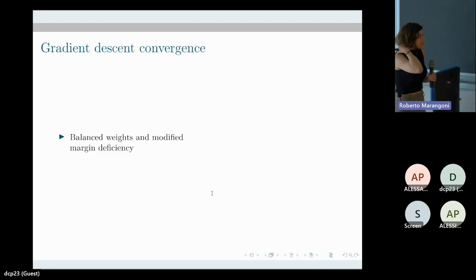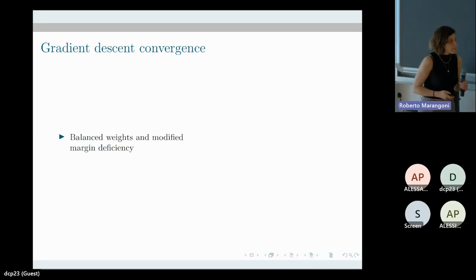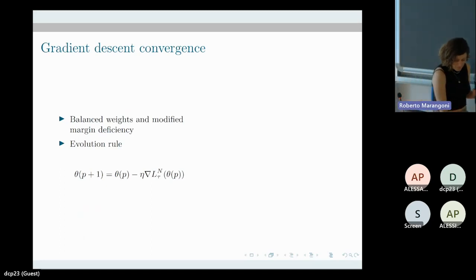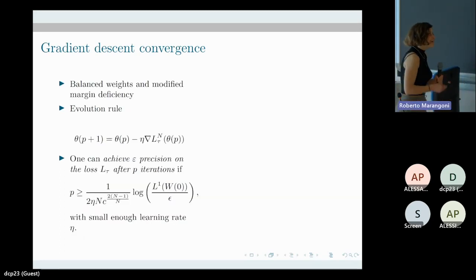Under the balanced weights assumption and the modified margin deficiency, we can prove that if we use this as an evolution rule for our parameters, then we can achieve epsilon precision on the loss L tau after p iterations, and the p iteration is exactly this formula.